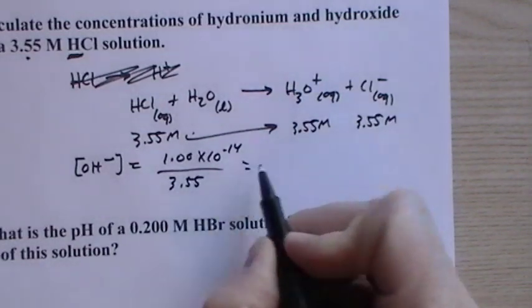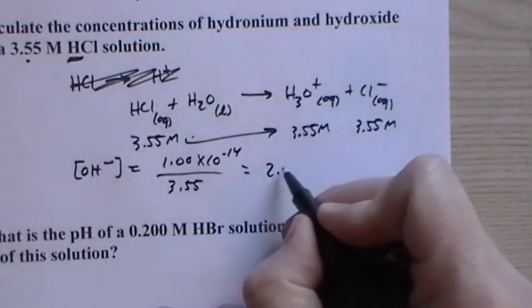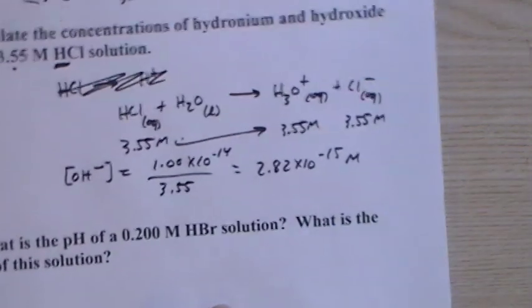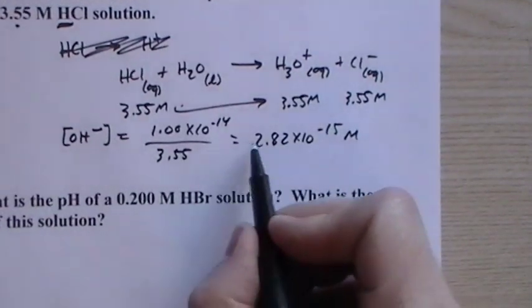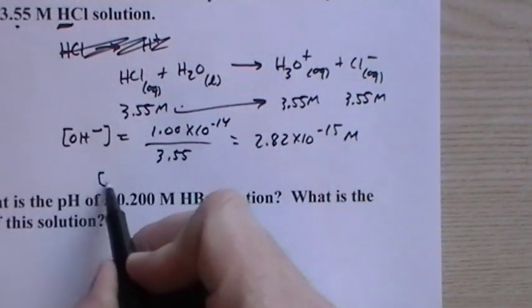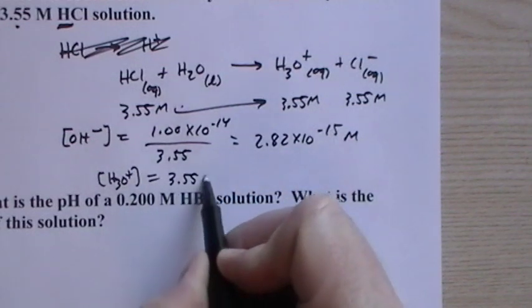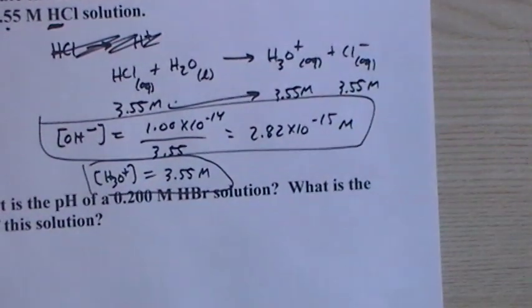These ones, if you just work with this enough, you'll start to see that you can make some quick calculations without using your calculator and be done a lot quicker. Okay, so that's our OH minus concentration, and our H3O+ concentration, though I didn't write it down directly, is this. So these are our two answers.